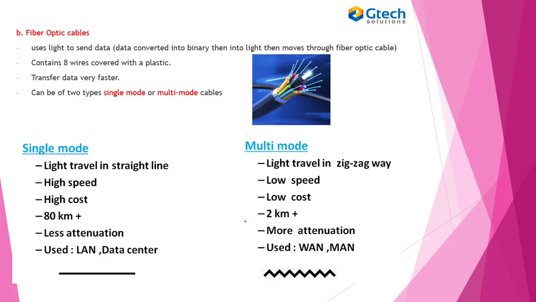Fiber optic cables are used to transfer data in the form of light. Data is first converted into binary, zeros and ones. Then the binary is converted into light. Then that light moves through the fiber optic cable.